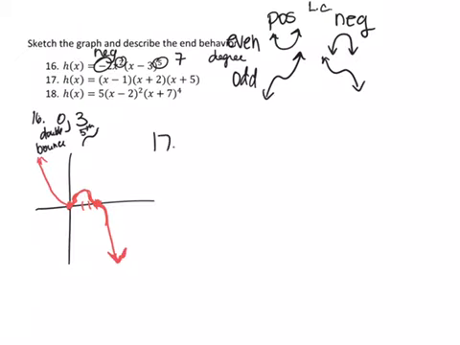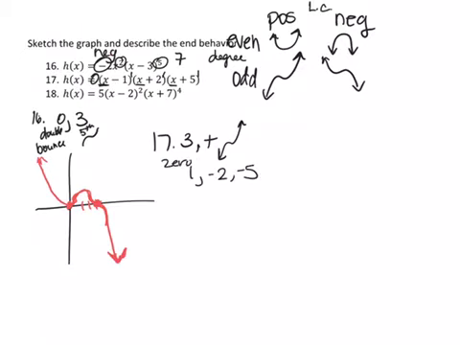Number 17, I have x to the 1 power, x to the 1 power, x to the 1 power, so that's going to be x cubed. That's my degree. And the leading coefficient is 1, so it's positive. So it's going to start down low and end up high. Now each of these roots, my zeros are 1, -2, and -5.